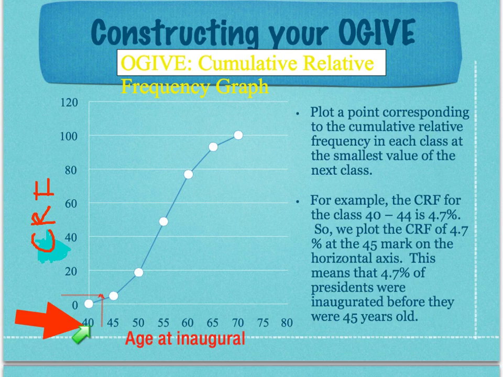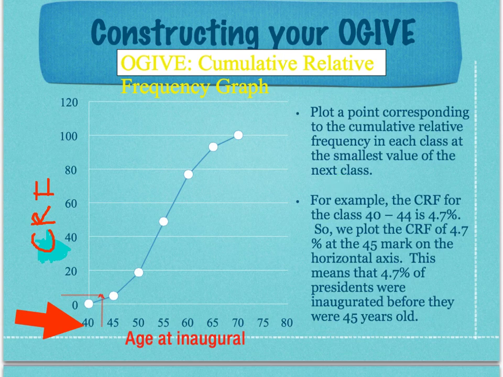And so in our particular case, our lowest value was 40 in our classes, and we always start with a height of 0. Now after that, you plot a point that corresponds to the cumulative relative frequency of each class at the smallest value of the next class.